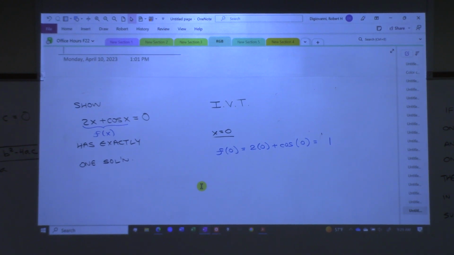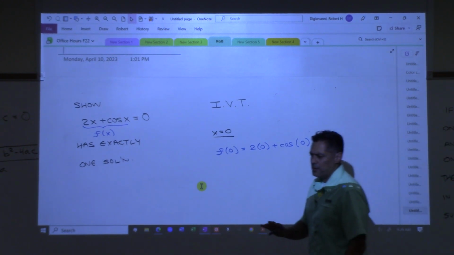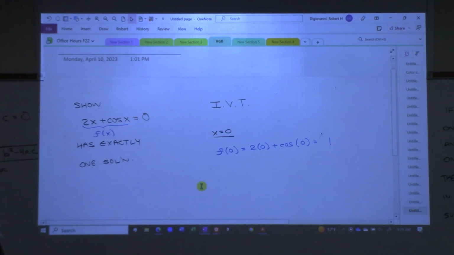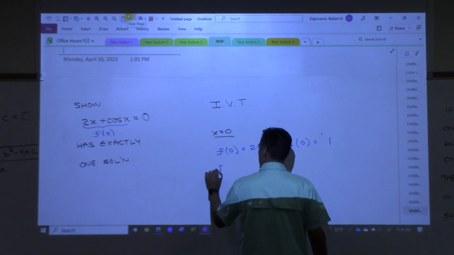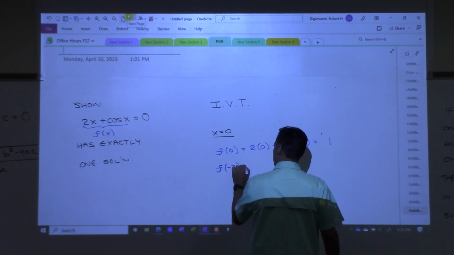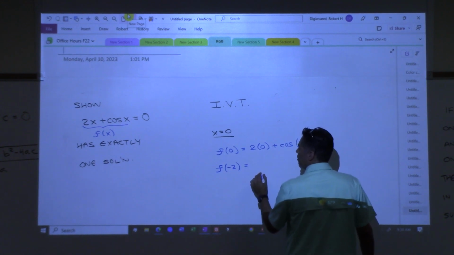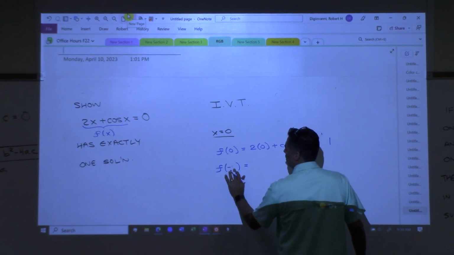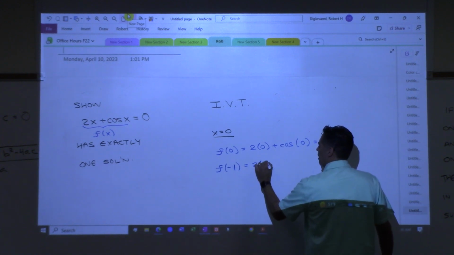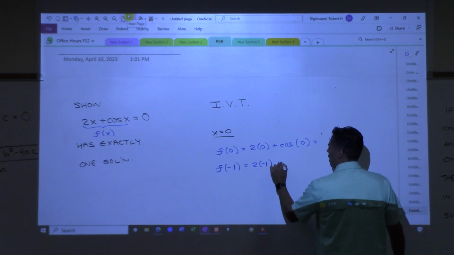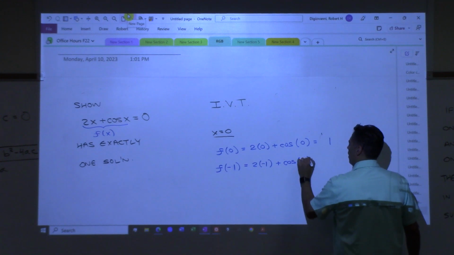Okay, let me try, because I know where I'm going with this, let me just try another point. And I'm going to pick it because, like I just said, I know what's going to happen. I'm going to try -2. So if I do, well, you know what, let's go -1 to keep things nice. -1. If I plug that in, I get 2 times -1, right? Plus cosine of -1.